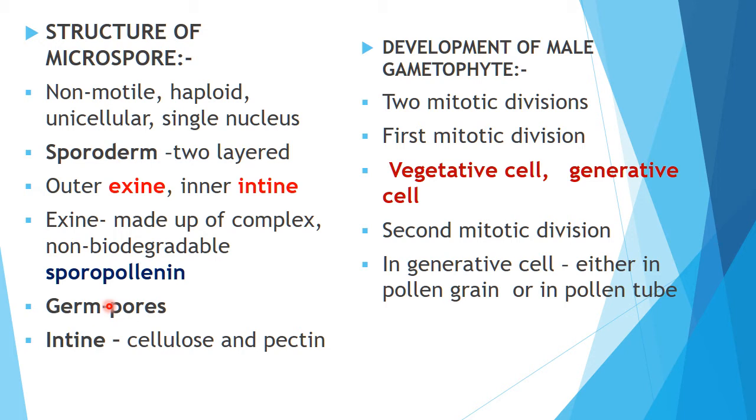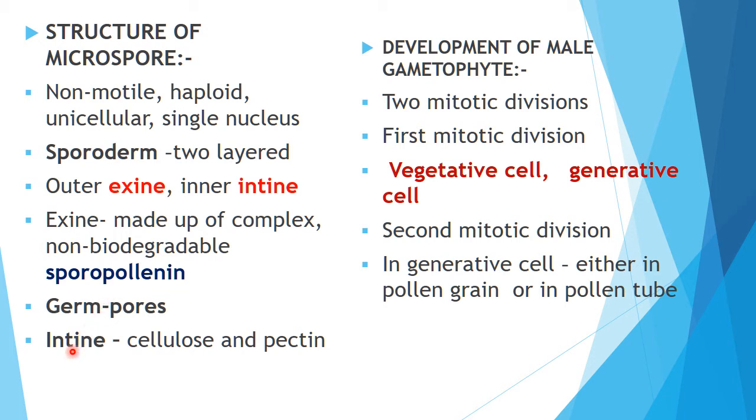And in dicots there can be three germ pores, then it is known as triporate. Germ pores are the regions through which the pollen grain germinates out; through that the pollen tube comes out.